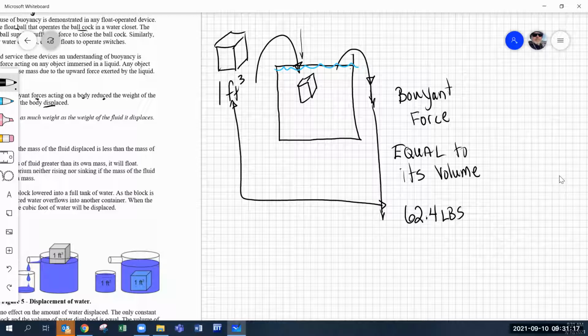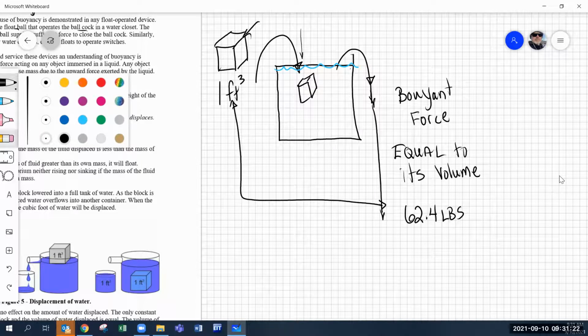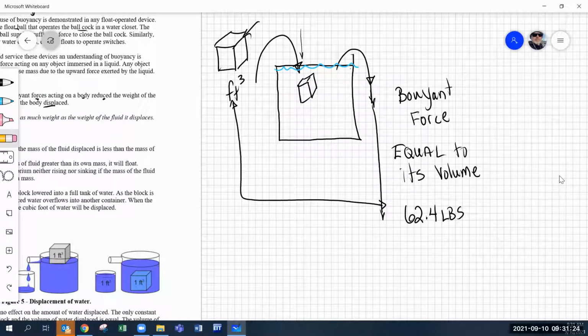Now, if this object was 2 cubic feet, and I completely submersed that object in water, how much mass of water will it displace? Anybody know? It's going to be 2 times 62.4.